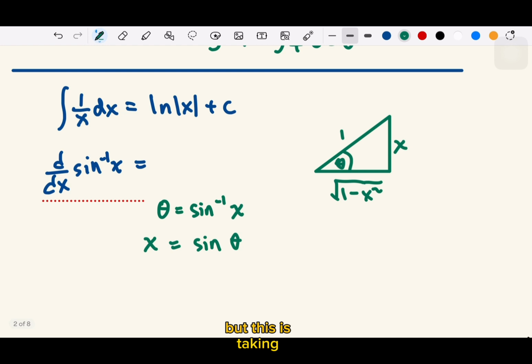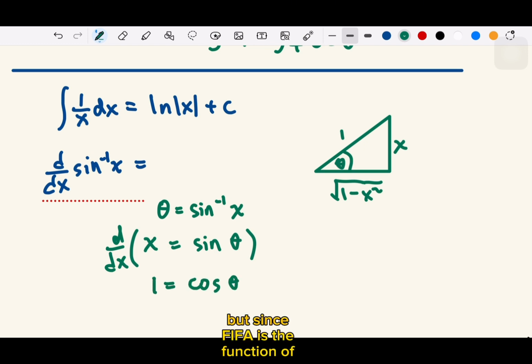But taking the derivatives, we get cos theta. Since theta is a function of x, we take the implicit differentiation, right? So we take d theta dx. Or if you want to write directly that this is y and get the final answer, this is also okay.